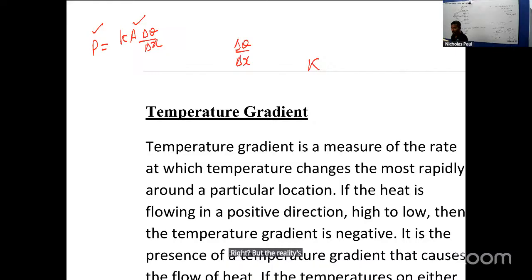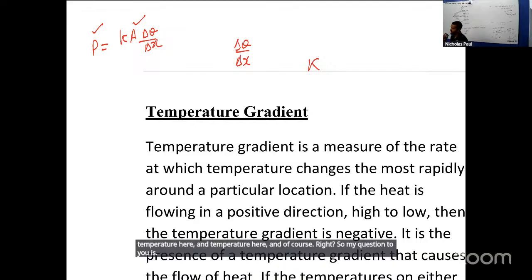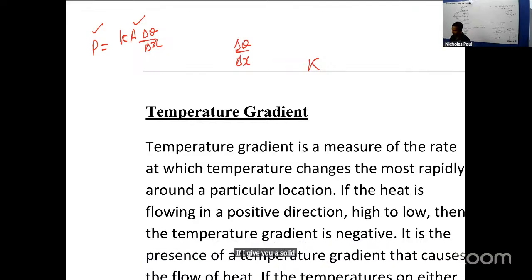But if something has a small temperature gradient, the temperature here and the temperature here are kind of close, right? So my question to you is, if I give you a solid metal and a piece of wood, same length, same thickness, everything, which one do you expect to have a higher temperature gradient?